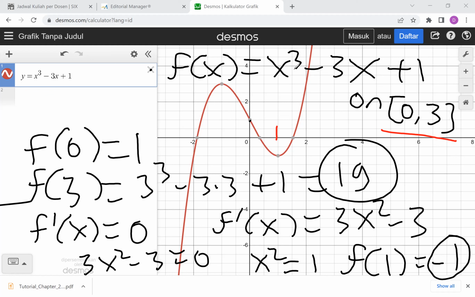The same applies for a singular point. If the singular point lies outside the interval, then you just ignore it. We do not calculate the value of f at that point. Just focus on the endpoints and the points inside the interval. Those are the candidates for the maximum or minimum value.